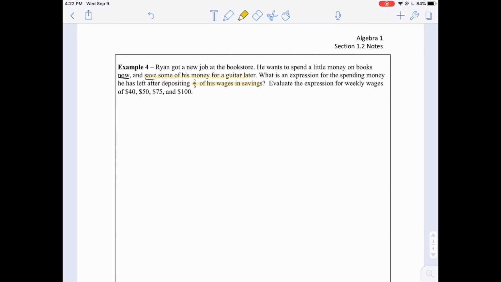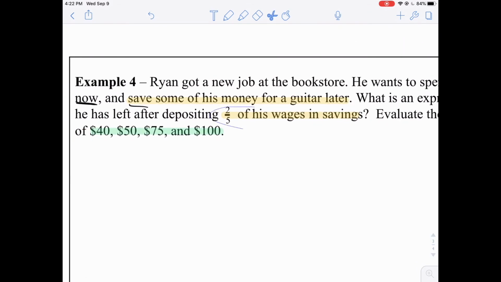Again, we're saving it for a guitar. So we're going to evaluate, and then after that, we'll evaluate the expression for the weekly wages of $40, $50, $75, and $100. So basically what's happening is Ryan's committing to save 2/5 of what he earns.